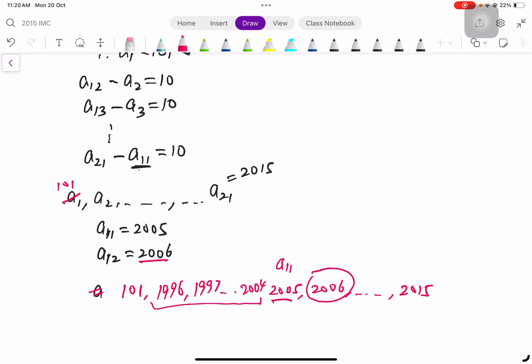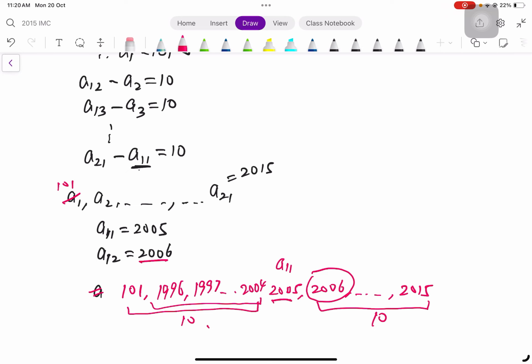From here to here, there would be 10 numbers, and this part here, from here to here, is another 10 numbers.